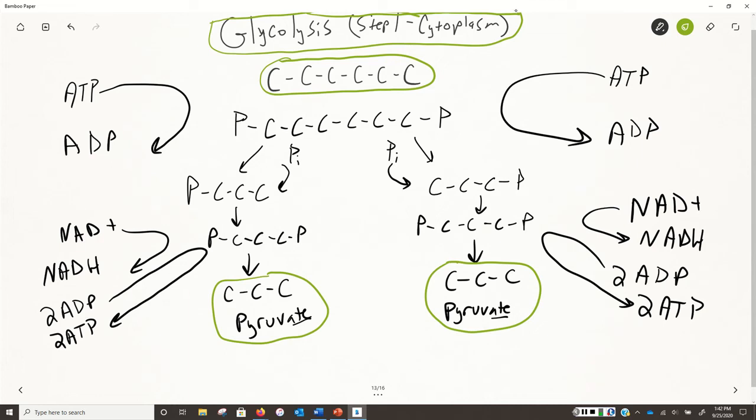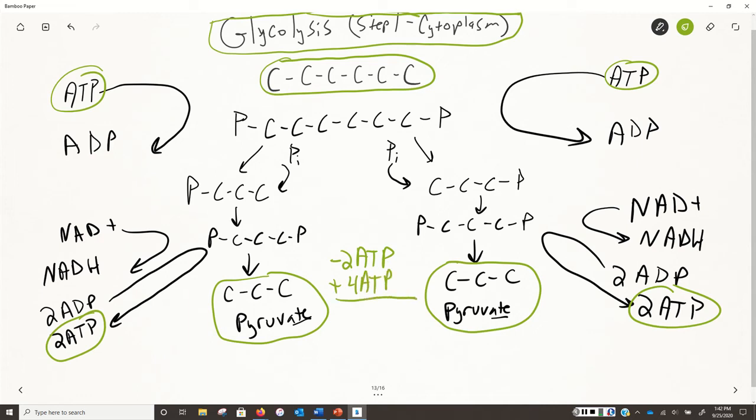Up here, we have lost 2 molecules of ATP. I'm going to write that here in the middle. We lose 2 ATP. We gain 4 ATP. We lost 2 in the beginning. We produced 4 at the end. So there is a net gain of plus 2 ATP.